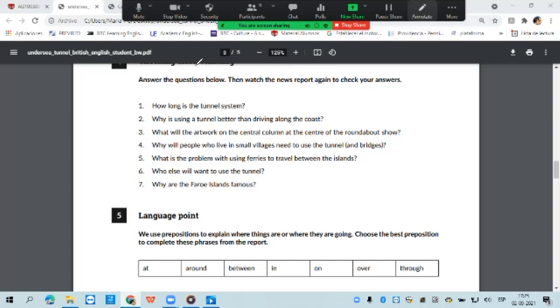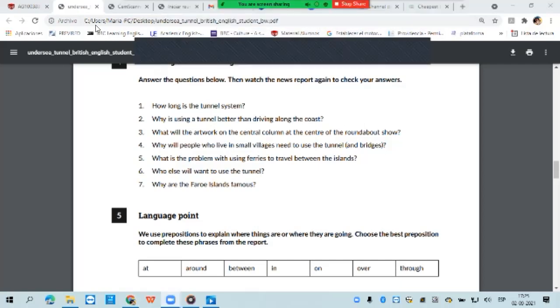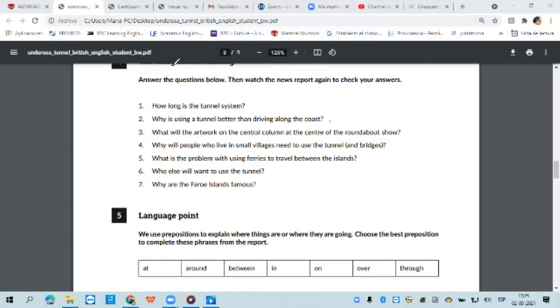That's the advantage of it. Let me write: because it saves time. It saves time, right?